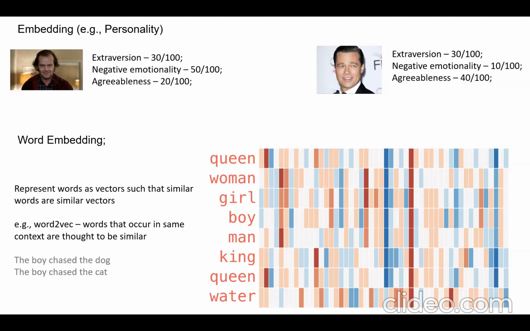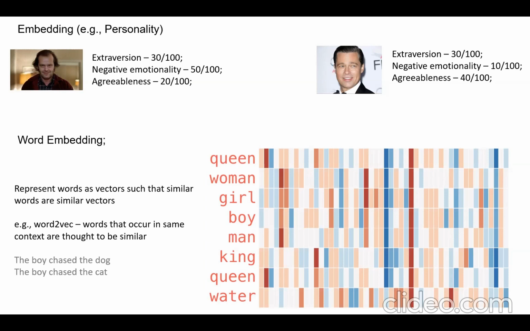And in that way, we can basically use these types of features. So each of these is a feature. The extroversion will be a feature, negative emotionality will be a feature. This is exactly the same thing, just they're not named, but you have different values, and each of these is a feature that represents the stimulus in a specific way.